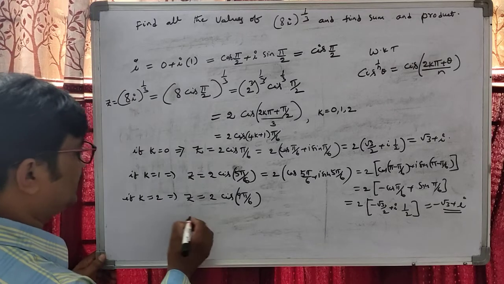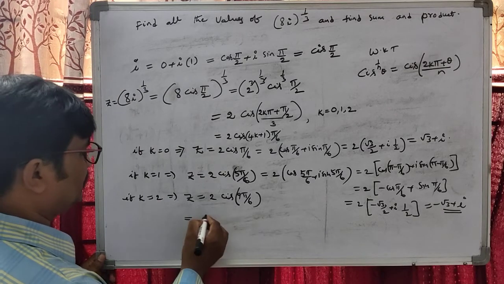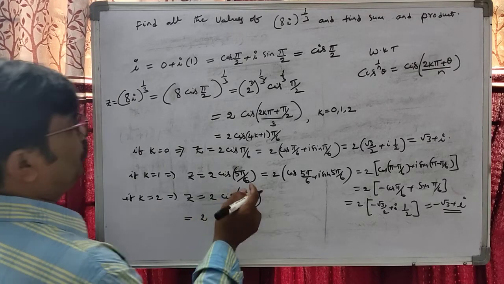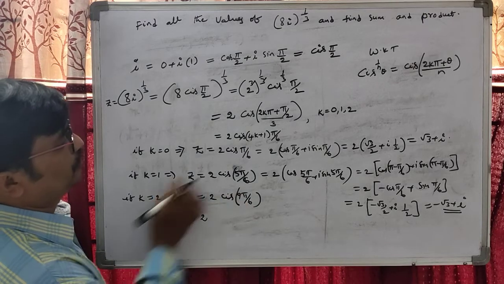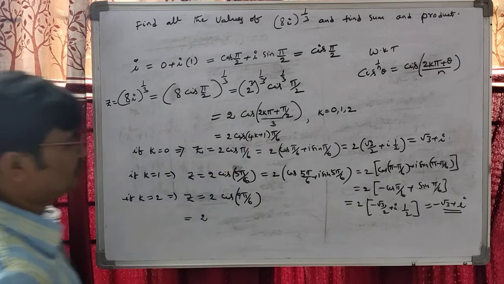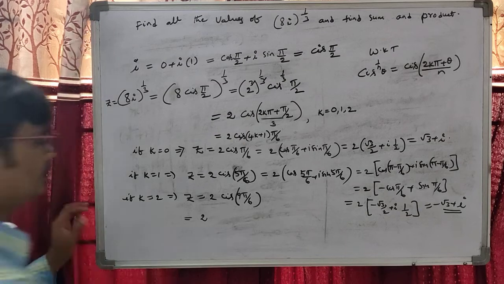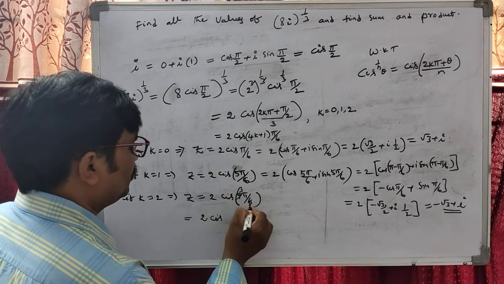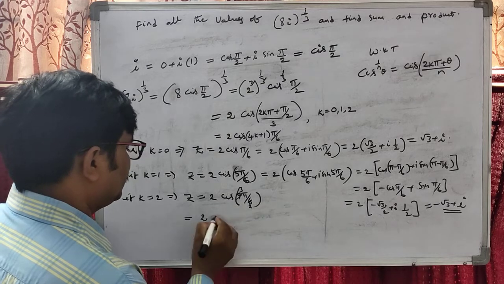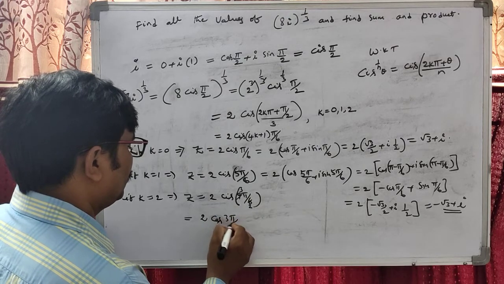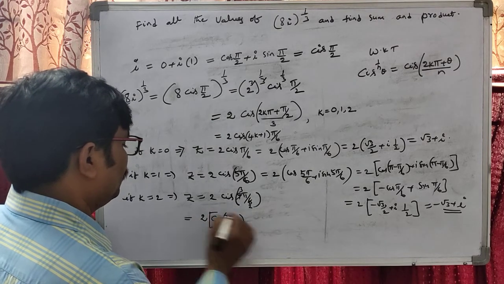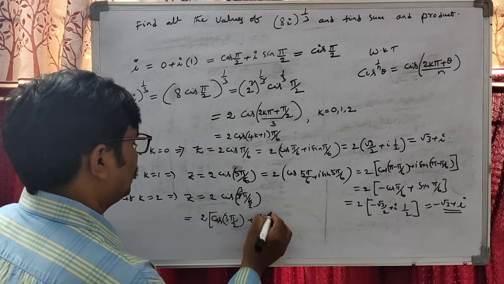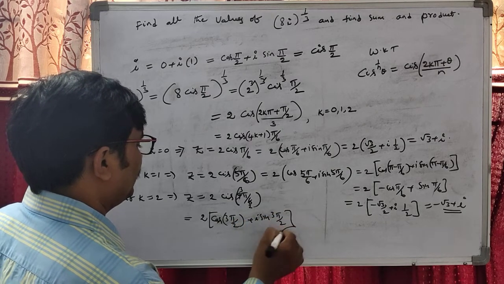Now students, we can take 2: 4 twos are 8, 8 plus 1 is 9. So cis of 9 pi by 6, 3 twos are 3, that is cos of 3 pi by 2 plus i sin 3 pi by 2.